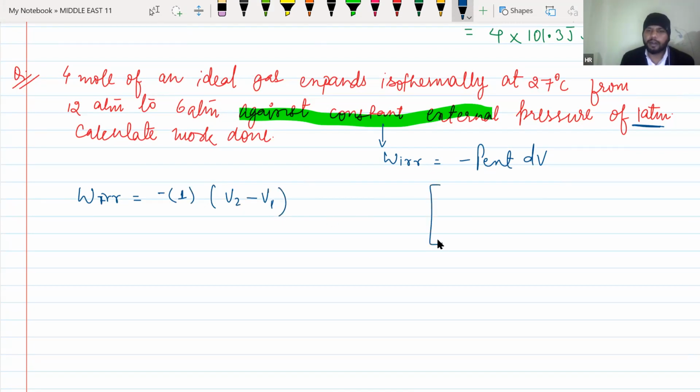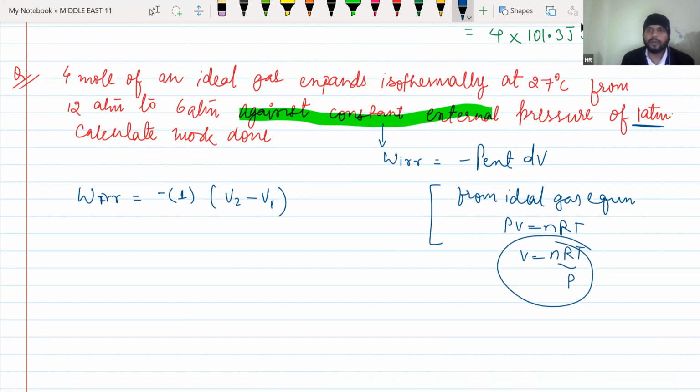We can easily find V2 from the ideal gas equation. From the ideal gas equation, PV equals nRT. So V will be equal to nRT upon P, right? So we can have minus 1 into V2. What is V2? V2 is nRT upon P, and what will be its pressure?